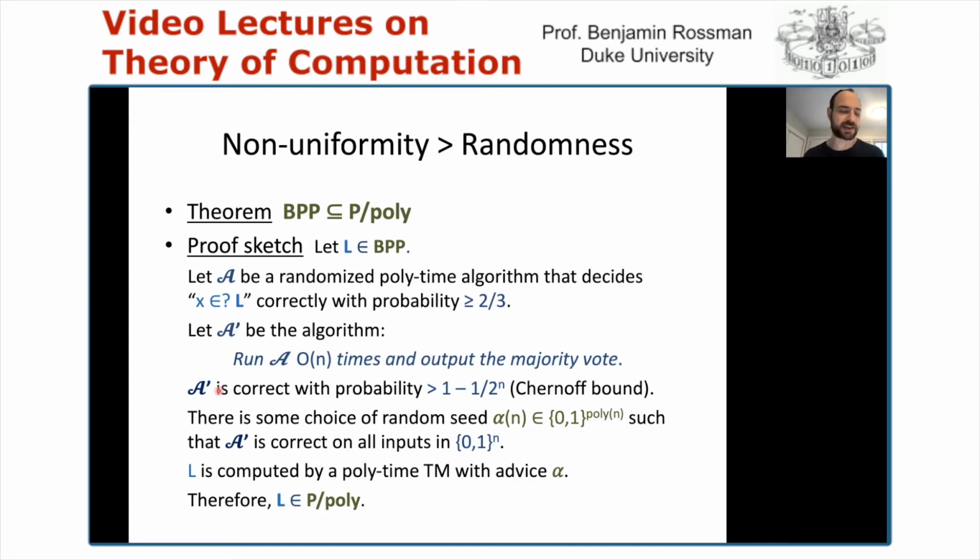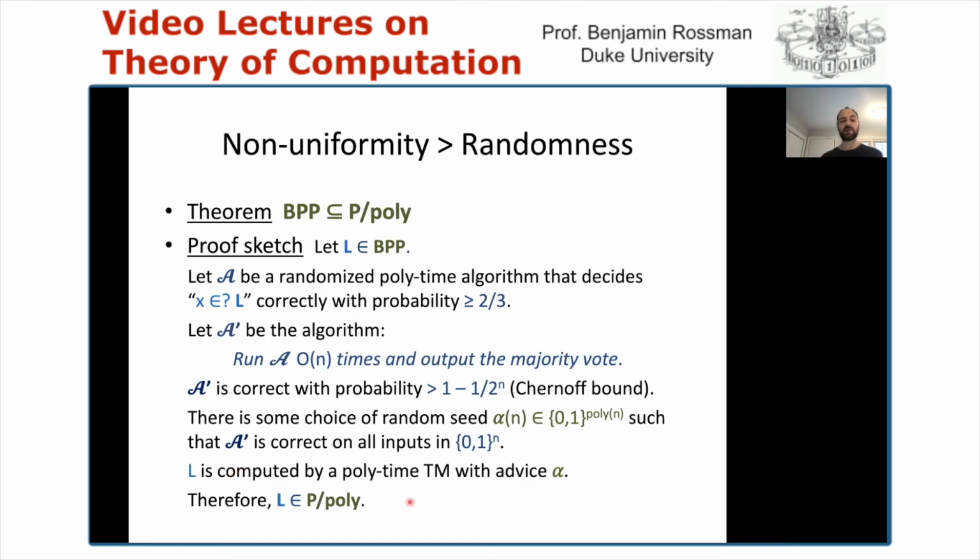And now, by the magic of the probabilistic method, it follows that there exists some choice of the random seed for this algorithm A prime, such that A prime is correct on all inputs. Because the number of inputs is 2 to the n, and we've reduced the error probability down to below 1 over 2 to the n, there's some choice of the random seed for which this algorithm is correct on all inputs of length n.